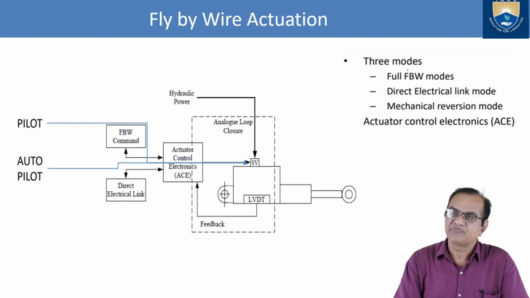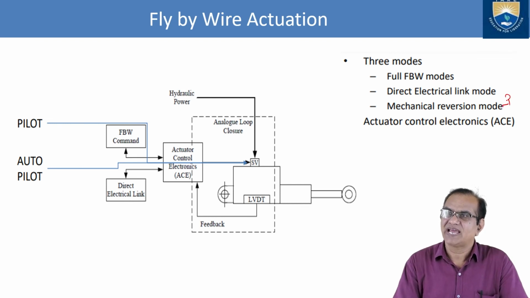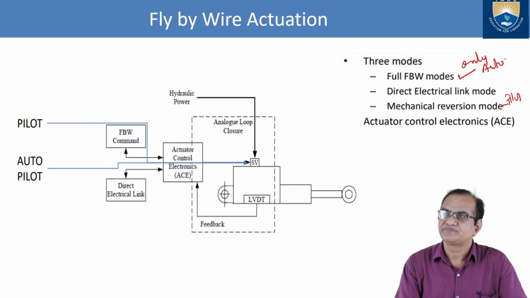Here we have three modes: full FBW mode, direct electrical link mode, and mechanical reversion mode. In mechanical reversion mode, only the pilot can handle it. In full mode, only the autopilot will work. And direct electrical link is between the full autopilot and the mechanical.